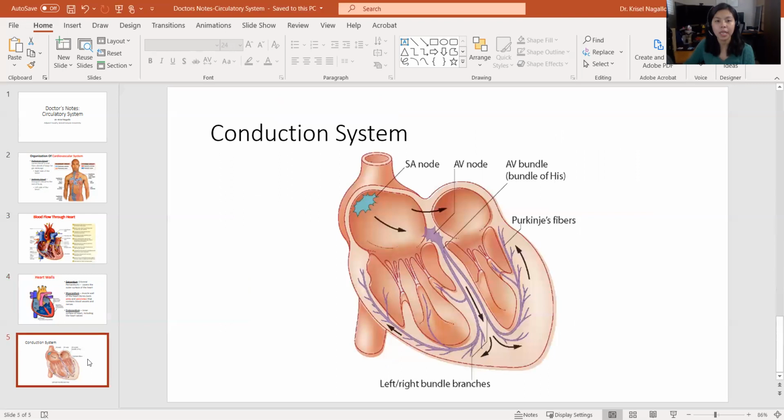Another key concept is to understand the conduction system that drives the way the heart is pumping. If you heard a heart under a stethoscope on auscultation, you should hear in a normal heart that characteristic lub-dub, lub-dub, lub-dub sound. And the heart has a specific rhythm. It is specially designed.